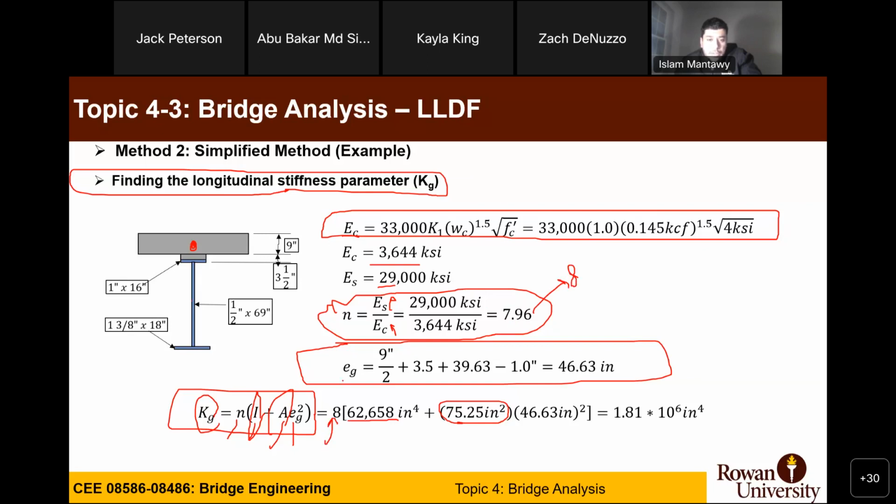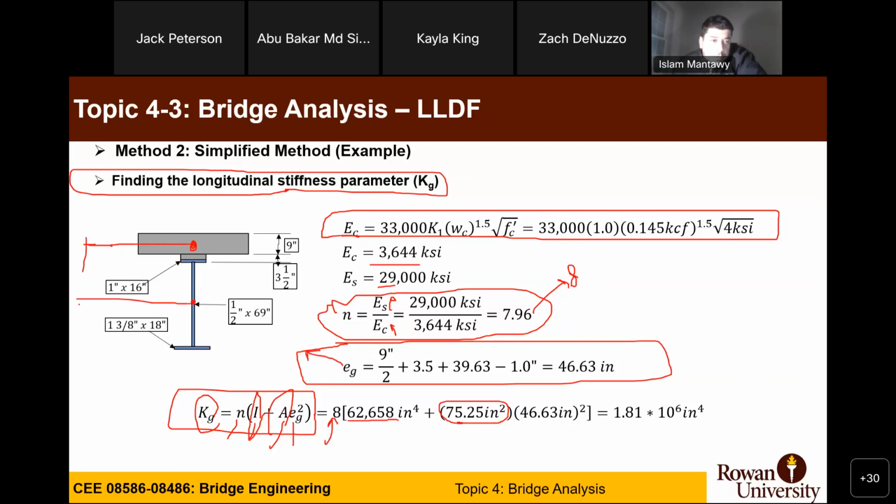The top part will be calculating eg. The eg is the distance from the centroid of the cross section to the centroid of the slab.